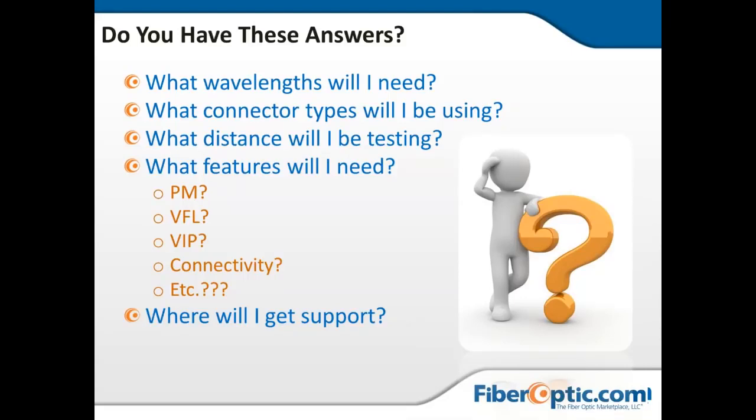But always be prepared, and make sure when you're leaving your main office, going out to the location of your test, make sure you have a launch box that has at least probably 1 kilometer if it's going to be a single mode unit, or at least 100 meters if it's going to be a multi-mode unit.